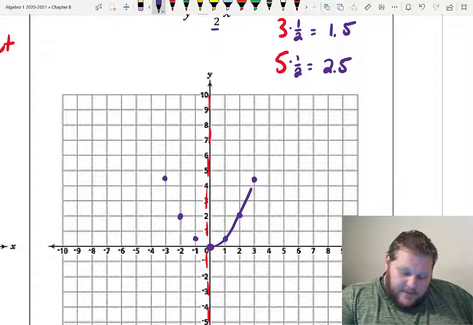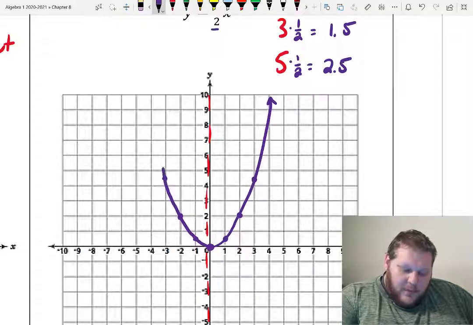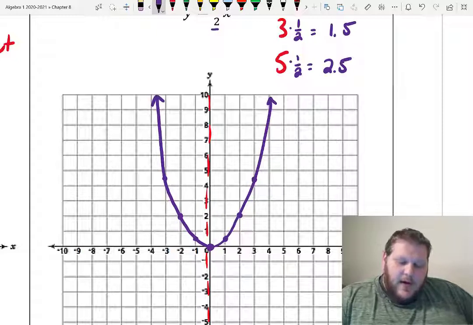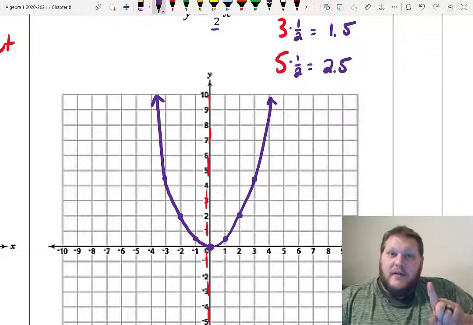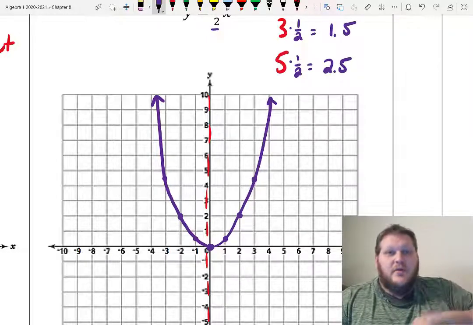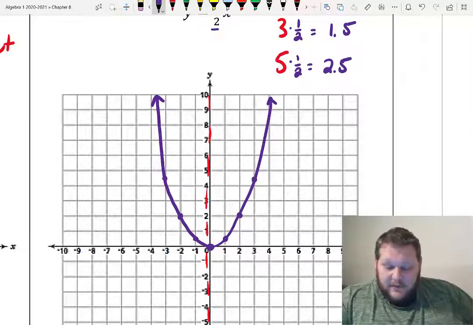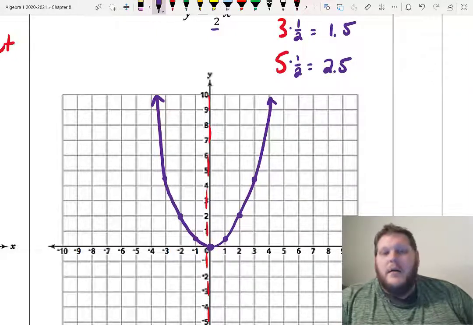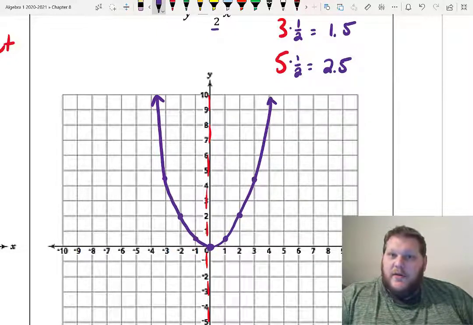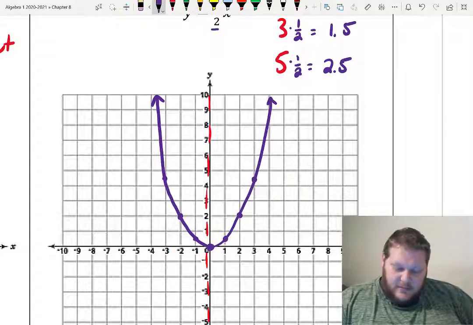And I'll just connect my points. Now my rule moving forward, I require 5 points on your parabola. You should have your vertex, 2 points on the left, 2 points on the right. So here I did 7 points. I did my vertex, 3 on the left, 3 on the right. You're only required to do 2 on the left, 2 on the right, besides the vertex.